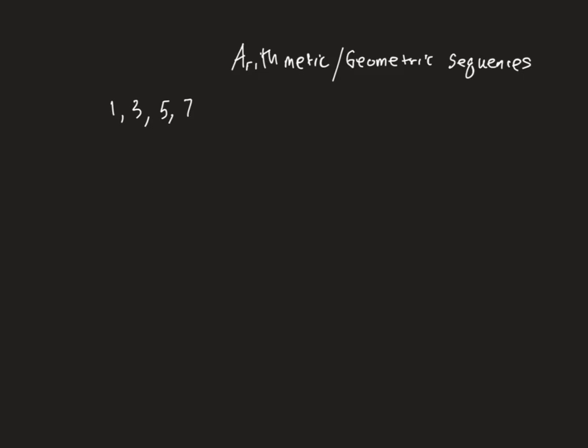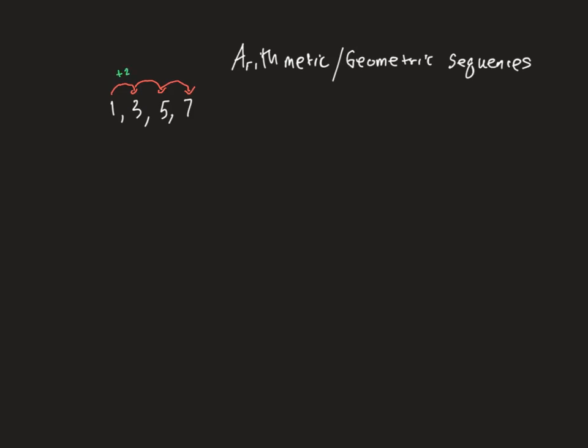Now, what's going on with this sequence here? Well, it's going from 1 to 3, 3 to 5, 5 to 7. What are we noticing about each time it goes to a different number? Well, 1 to 3, it went up by 2.